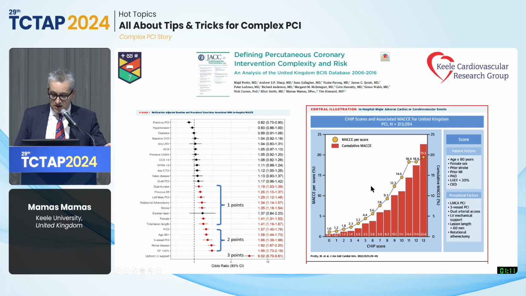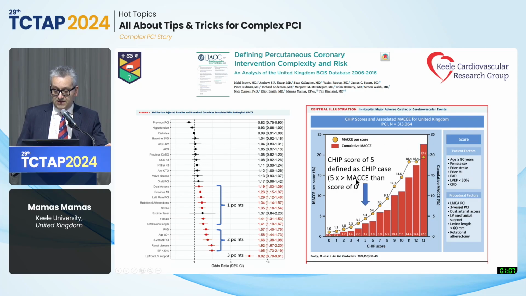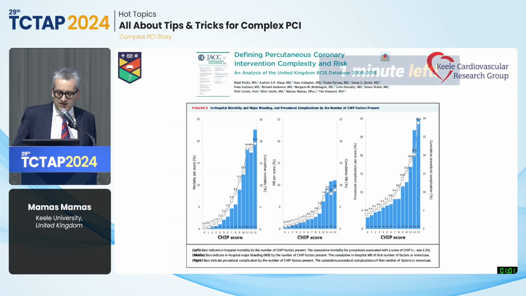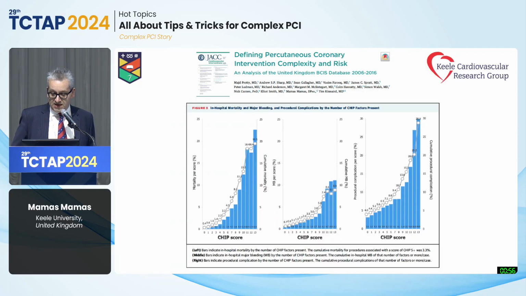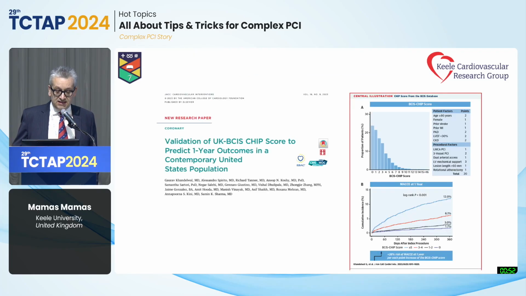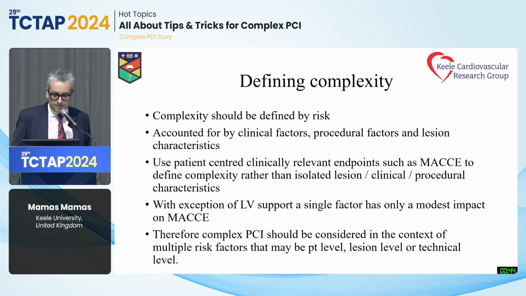We then defined a CHIP score of 5, which is defined as 5 times more than the MACE of a score of 0. And this score is very good in terms of defining risk of major bleeding, MACE, stroke, and so forth. And it's been validated by Mount Sinai in the US, which again shows very good discrimination of our CHIP score in their cohort.